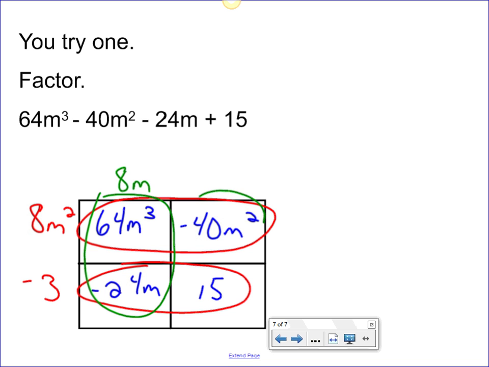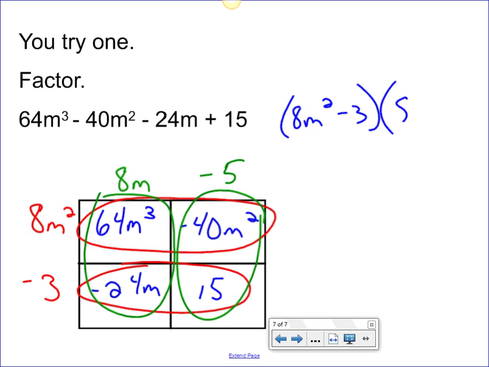And then the greatest common factor here would be a negative 5. So if you checked your boxes, all your boxes work. And so your factors would be 8m squared minus 3 times 8m minus 5.